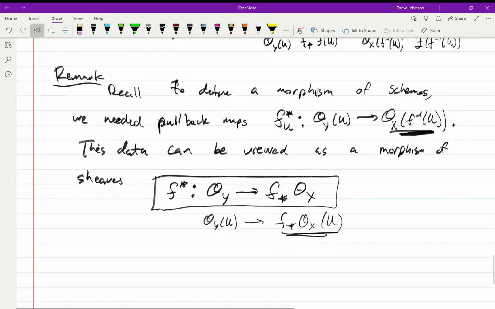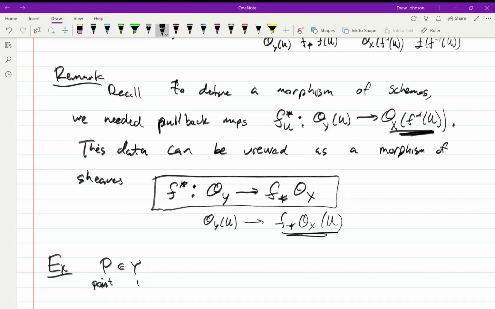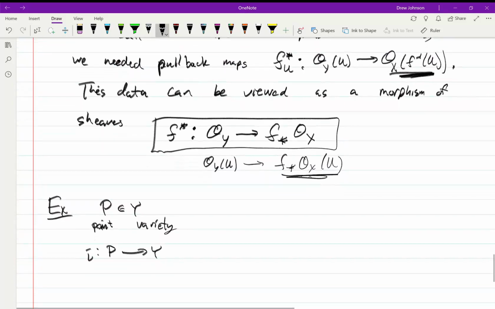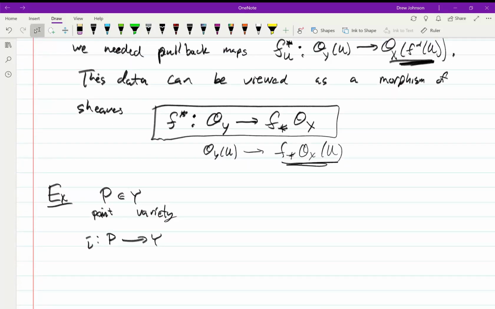All right, let's do a more concrete example of a push forward. Let P be a point in a variety, so P is just a single point and Y is a variety. Let I be the inclusion map from P to Y, considering P to be a subvariety of Y. Let's think about the structure sheaf on P. P is a single point, so this is not going to be too complicated.